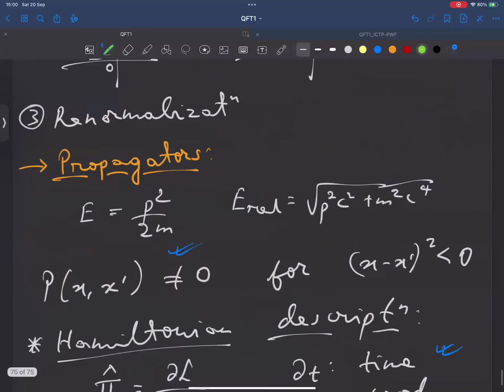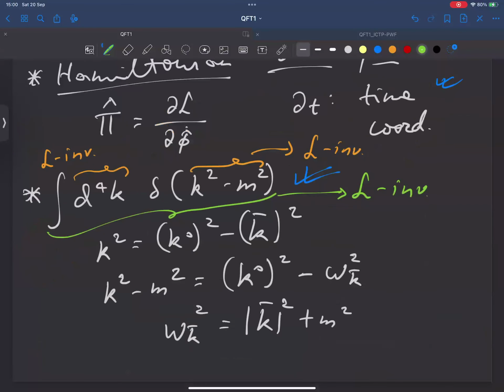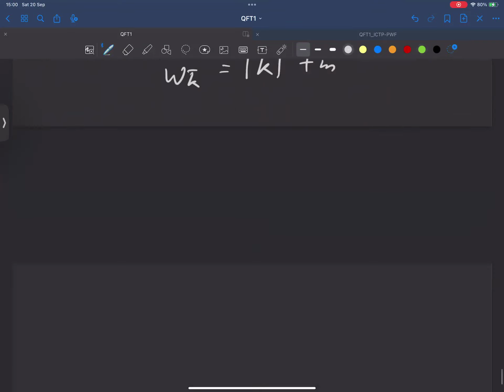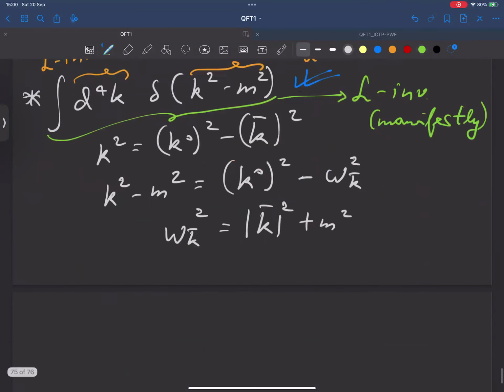So that's why we start with this integral, which is manifestly Lorentz invariant. So this is by construction Lorentz invariant. And from that, let us show that indeed these three volume integrals we were doing are also Lorentz invariant. So let's see how to do that. So now we break it up into the space and time part.